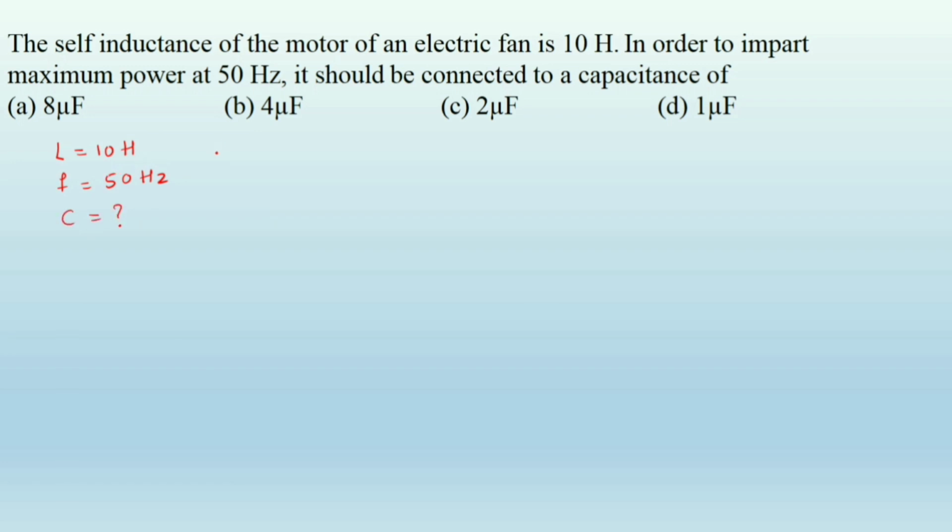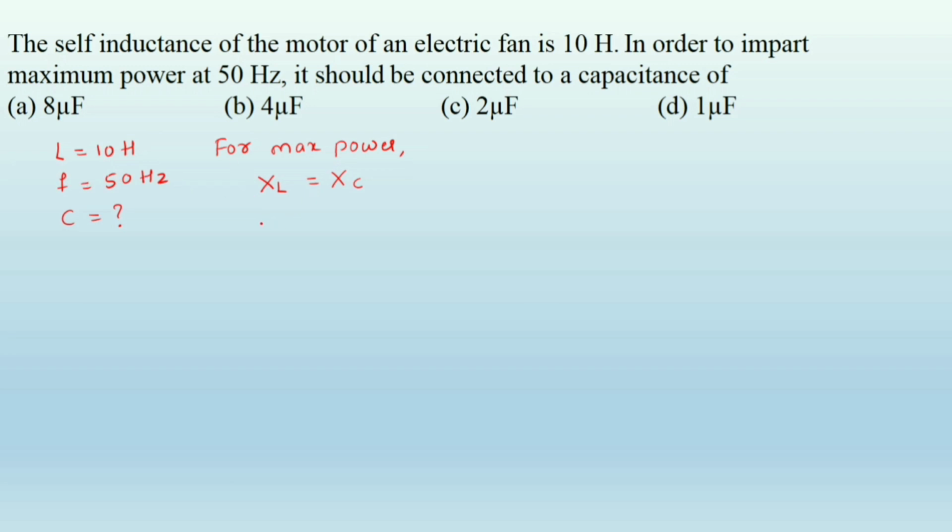Remember, for maximum power, at natural frequency 50 Hz, XL is equal to XC. What are XL and XC? Inductive reactance and capacitive reactance are both equal, so that power is maximum at natural frequency 50 Hz.